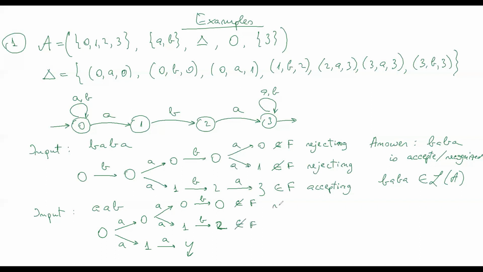So these are both rejecting computations. And so the answer is the word AAB is rejected or not recognized, or I could also just write AAB is not in the language of A.